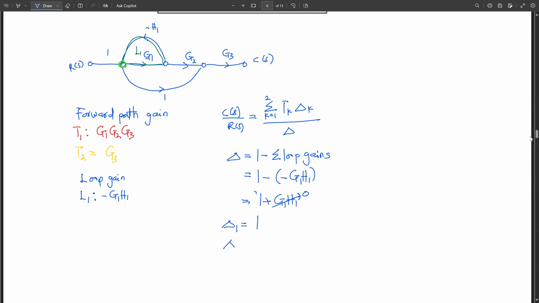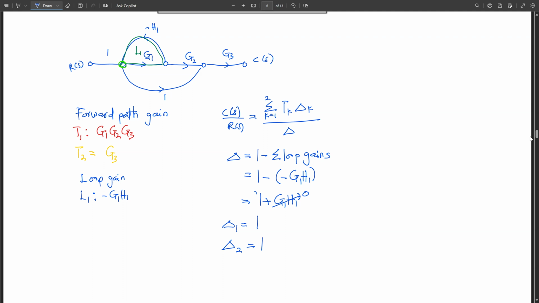And then our delta sub 2 is the same thing. We identify the second path, right? And then we see if this loop has a common node with that path. And of course, there's a common node here. So we eliminate that loop from this side, right? So we take the gains of that loop out, and then we get 1, right?